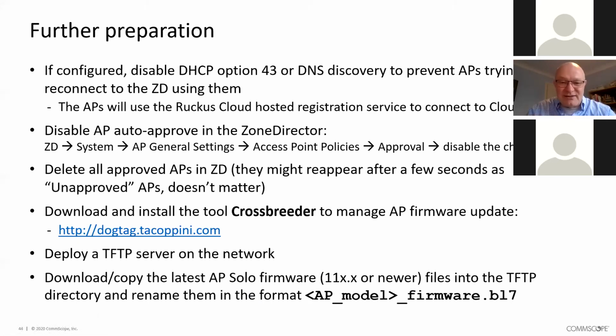We need to do that as the first step to then allow it to connect to cloud. You can name those, for example, it gives you the format of the name, so stick to the format. If you've got R510 firmware, you call it R510_firmware.bl7. So you get a piece of firmware for every single AP type that the customer has on their site.